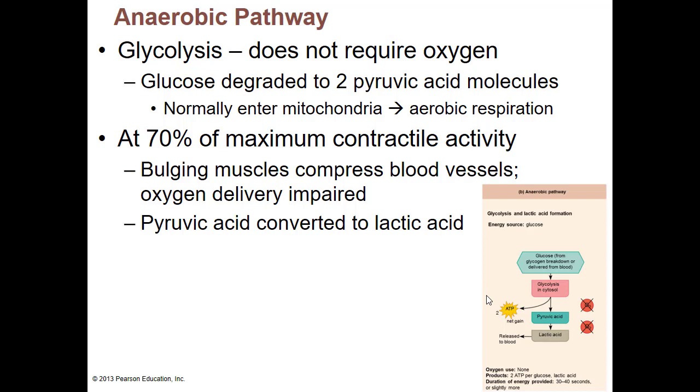The problem is, not much of it. We only get a net of 2 ATP out of every molecule of glucose. It's not a lot of ATP, but it's enough to last for about another 30 to 40 seconds of vigorous activity, which means you could run for about 30 to 40 seconds at a full sprint, and then that's all going to be gone too.